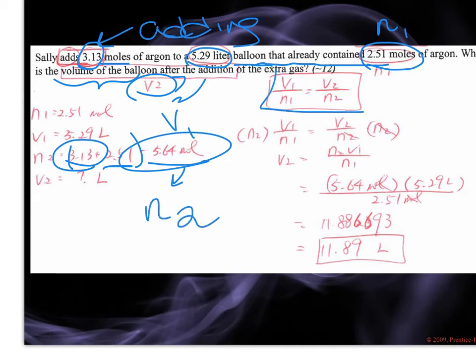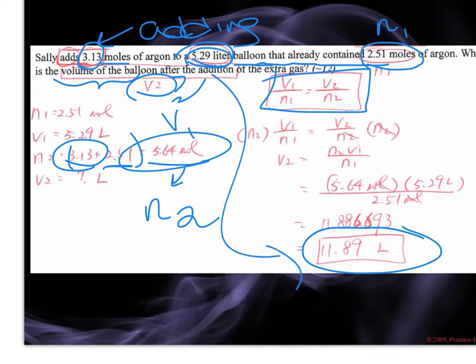So looking at Avogadro's law and plugging in what we know, we get that the final volume after we add additional moles is 11.89 liters. Does that make sense? Well, it started at 5.29 liters and we added more molecules of gas, so we would expect the volume to go up also, and it did.